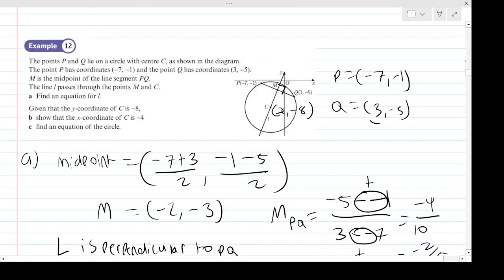We're not explicitly given the radius, but can we work it out? I think we can. Think about the radius. If I get rid of this to make it clearer, the radius is just from the centre to a point on the edge of the circle. We know both P and Q are on the edge of the circle. What if we consider the distance between point C, which was minus 4, minus 8, and this Q? The distance between those 2 points will get me the radius, right?